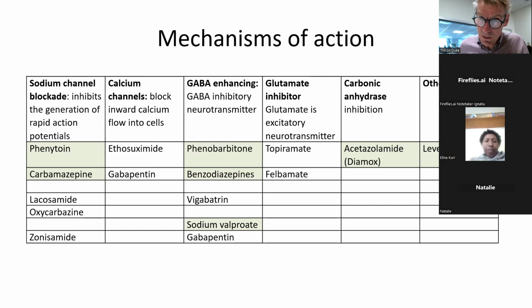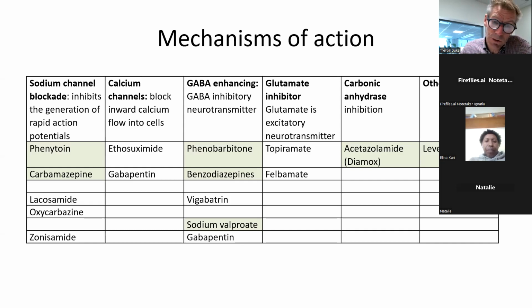Glutamate will stimulate neural activity and nerve impulses. And then you probably know about acetazolamide, which is a carbonic anhydrase inhibitor. So the way these medications work is not completely worked out, but it's useful to know the types of mechanism of action of each of the medications.